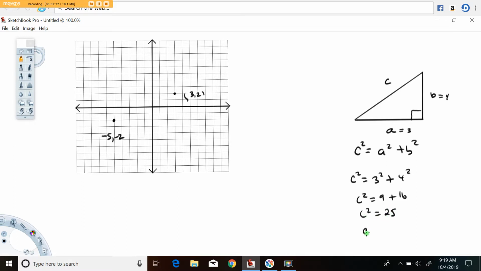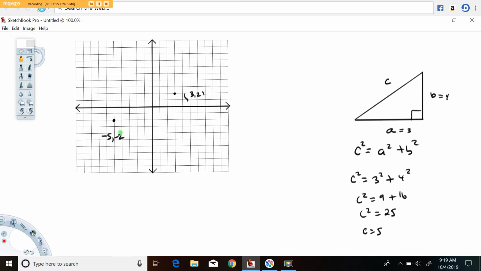Square rooting both sides, C equals 5. This is how you find the length of a hypotenuse for a right triangle, by applying the Pythagorean theorem, which says the sum of the two shorter sides squared is equal to the hypotenuse squared in any right triangle.